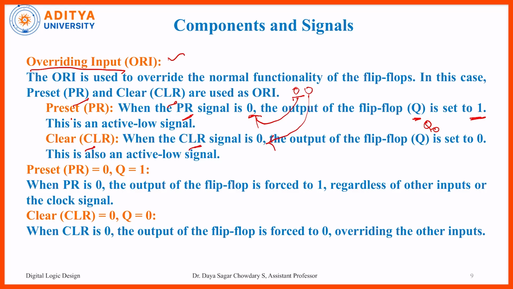That means the clear signal is again 0, but forcefully the second stage, Q1, the third stage, Q2, and the fourth stage, Q3, are given the data 0. So this is the technique. Wherever preset is 0, Q is directly 1, and wherever clear is 0, Q is equal to 0. This is the technique in the ring counter.